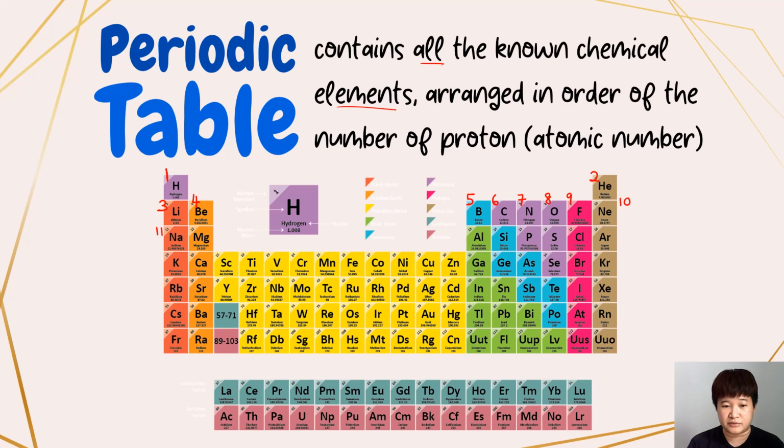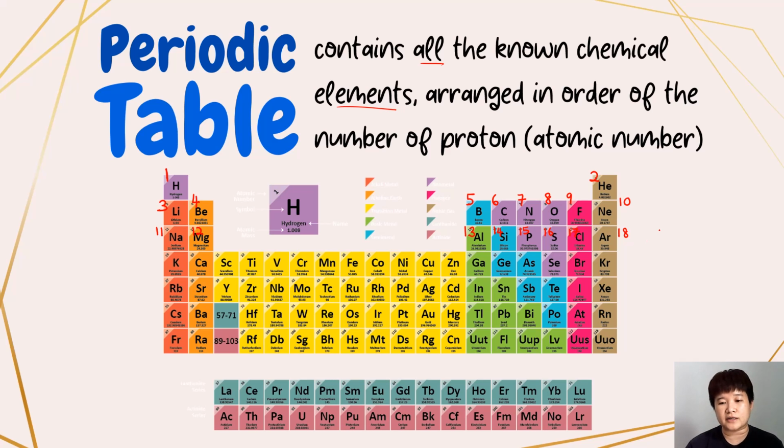You have sodium 11, magnesium 12, aluminium 13, silicon 14, phosphorus 15, sulphur 16, chlorine 17, argon 18, and so on. You can see the number of proton is increasing, so everything in the periodic table is arranged according to the increasing number of proton.